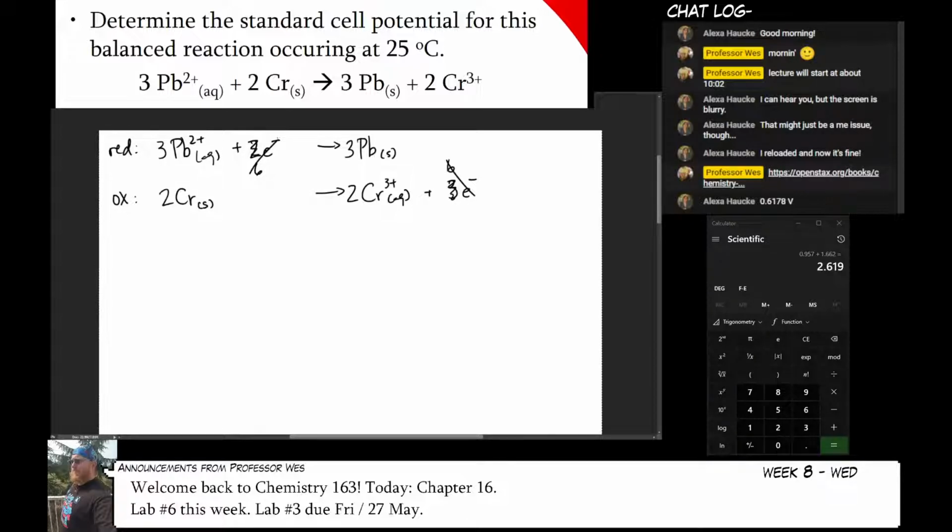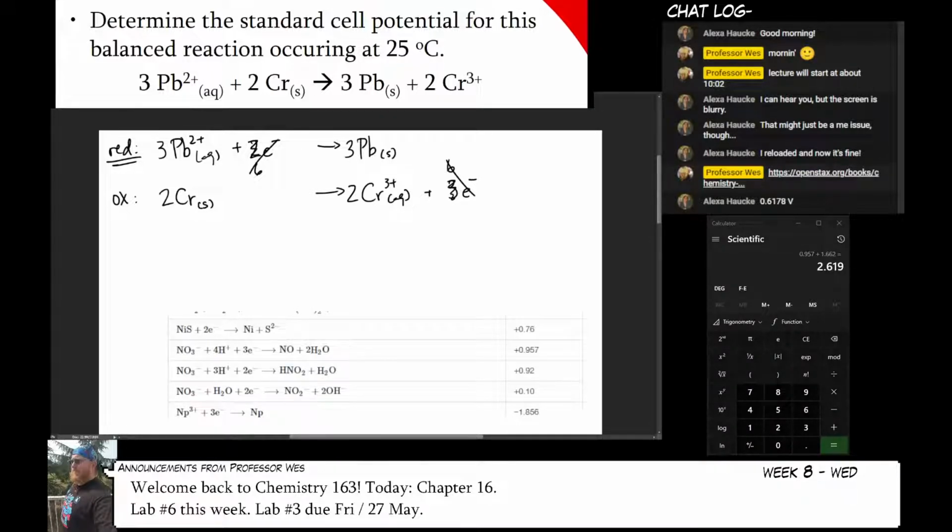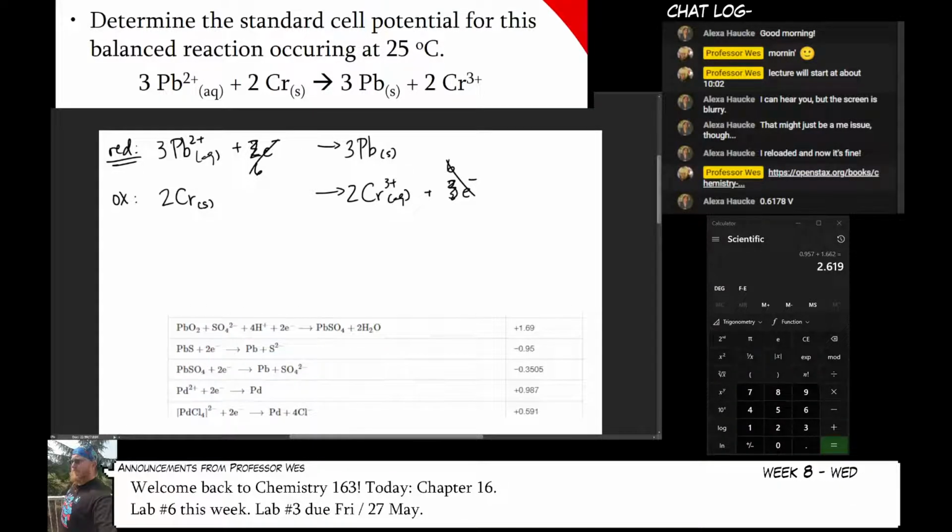All right, so I'm going to go look up the reduction for Pb2+, which means I need this chart again. We'll put that back on the screen. So I need lead, HIJKLMNOP. That's palladium. There's lead. So E for this, well, I shouldn't write E cell. E cell's the whole thing.